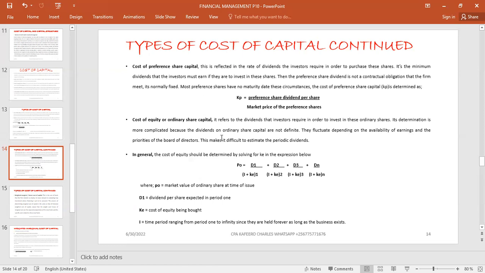Even when it comes to paying, you first pay those who have preferential shares, then we pay these other ones based on the disposable amount we have, and see how much we can offer to them.